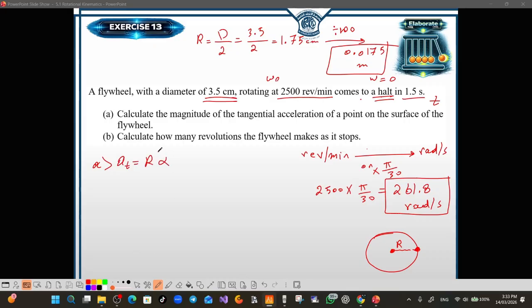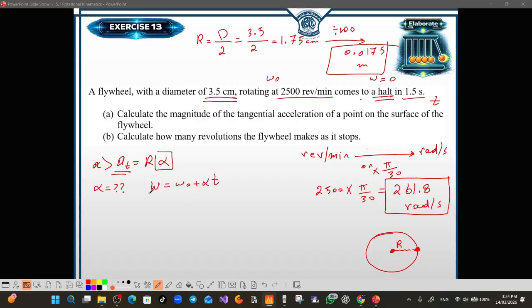So if we know the angular acceleration, then we can find the magnitude of the tangential acceleration. So let's find the alpha first. Now we have the omega 0, the omega final, and the time. And since the motion here is uniform circular motion, we can use the kinematic equations to solve the problem. And omega equals omega 0 plus alpha t.